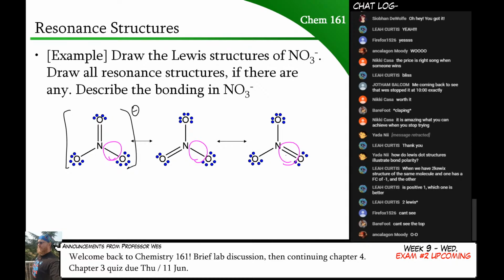So there's 1, 2, 3, 4, over 1, 2, 3 Lewis structures. And so what I would say is that the bond strength between N and O in this molecule is a little bit stronger than a single bond, but not quite a double bond. It's more like a 4/3 bond.